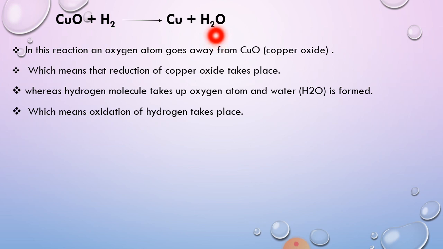That means here the gaining of oxygen takes place, and whenever a compound gains oxygen, what happens over there? Oxidation takes place. Oxidation means gaining of oxygen. So oxidation of H2 takes place here, and here the reduction of Cu takes place.